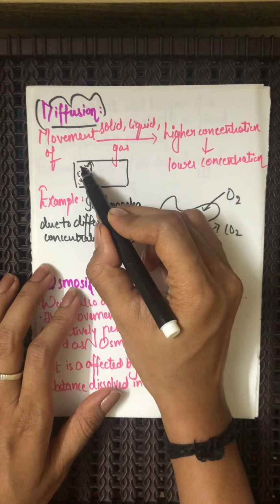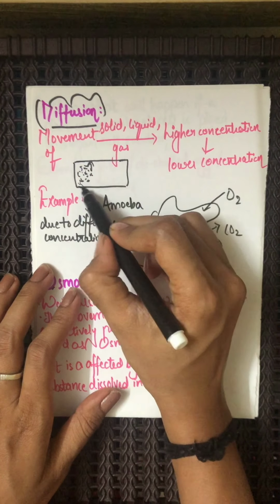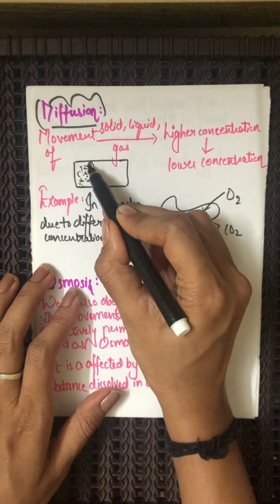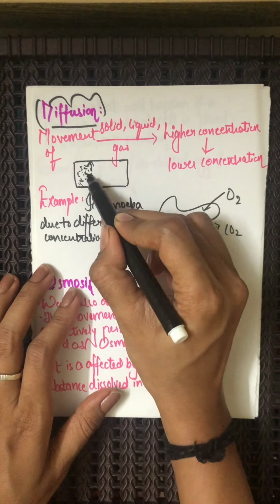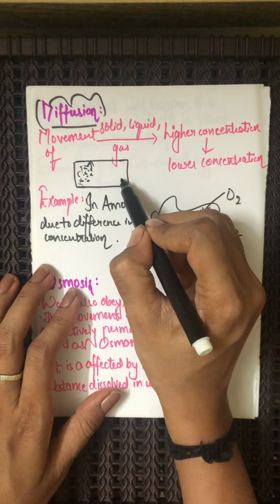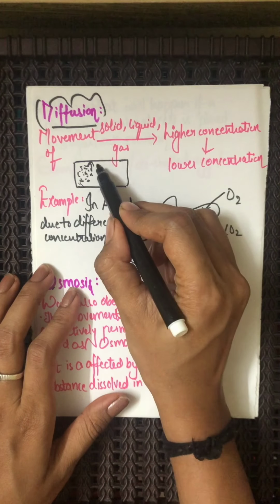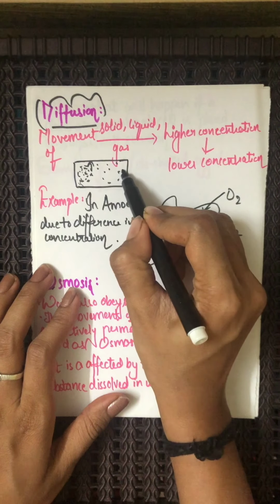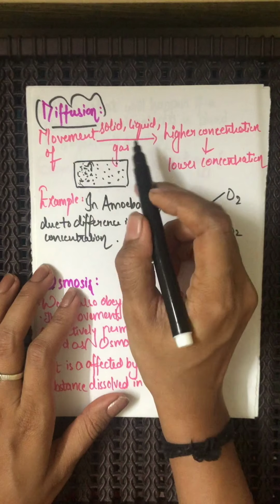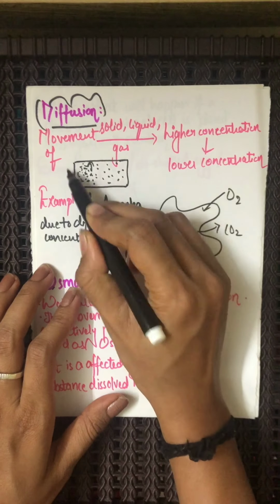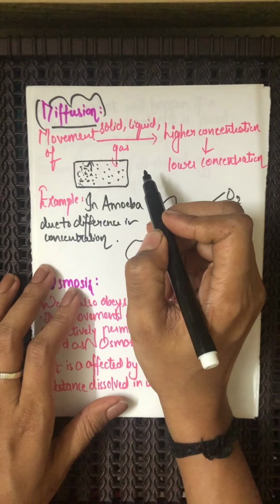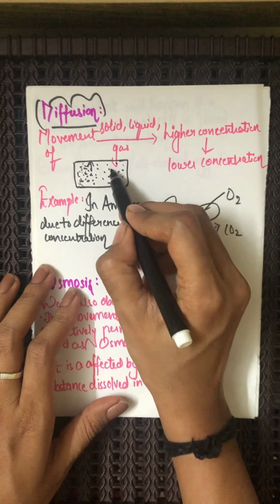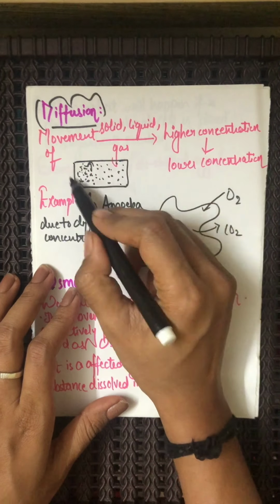So what will happen? The molecules of that spray will start moving from the region of high concentration towards the region of lower concentration. That is, after some time the molecules of the spray would be equal in all the parts of the room. Therefore the fragrance would be sensed in all the parts of the room.